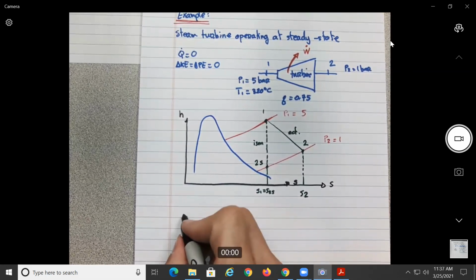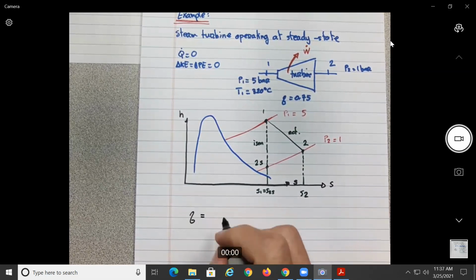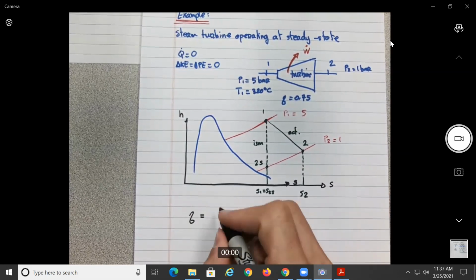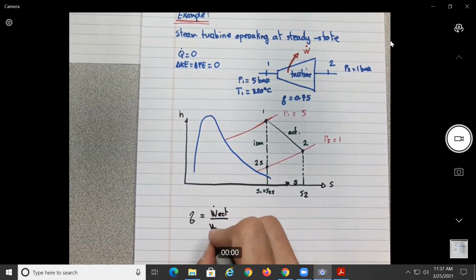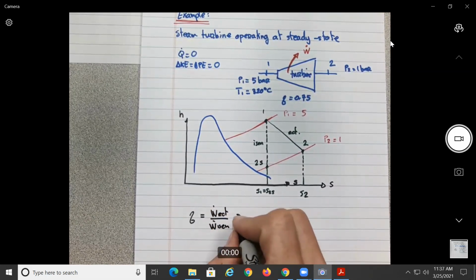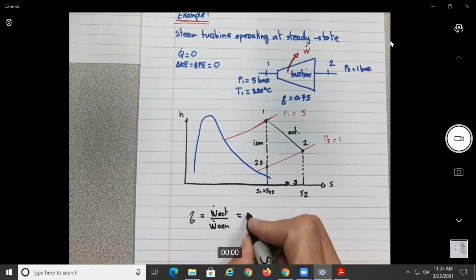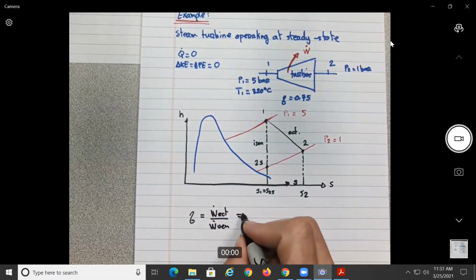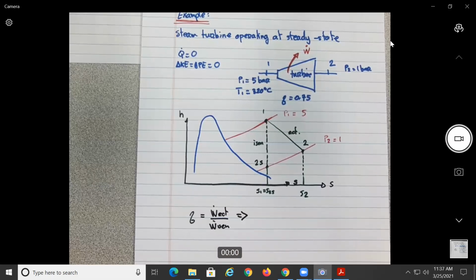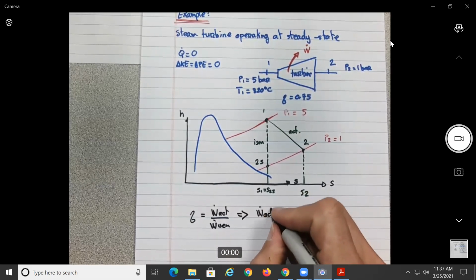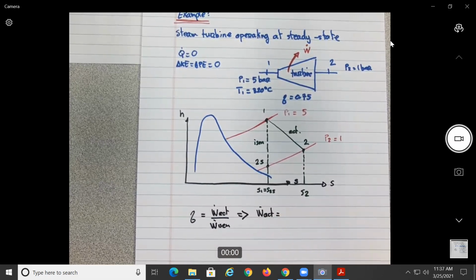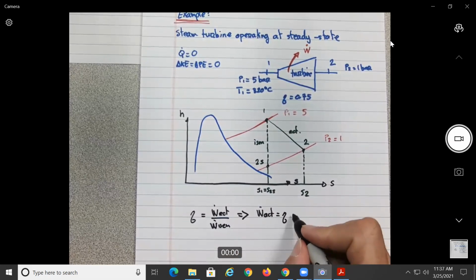Okay, so by definition, we know that the efficiency is the actual power divided by the isentropic, which we just saw, okay, we can do that later. So from here, what do we know? That the actual power of the turbine should be the efficiency times the isentropic.